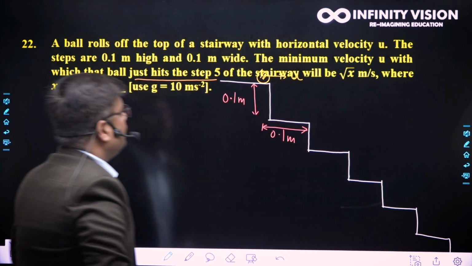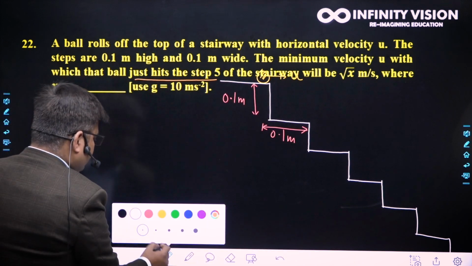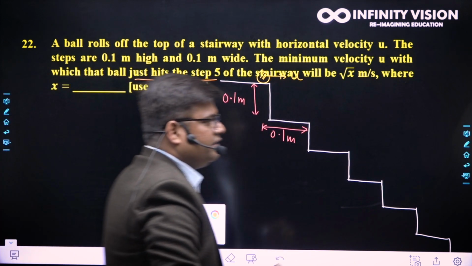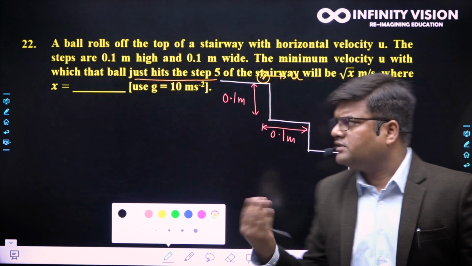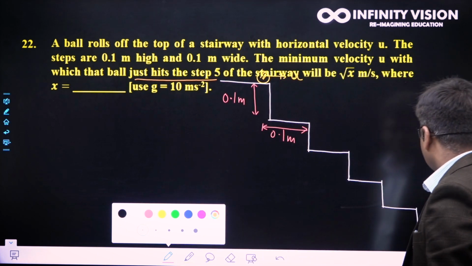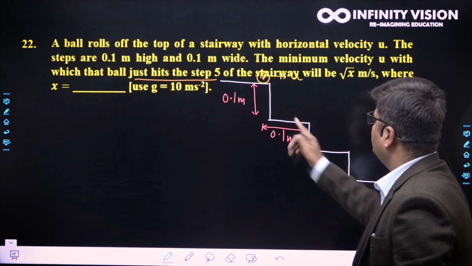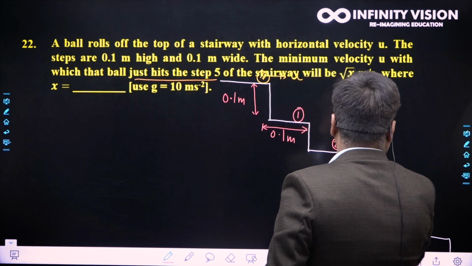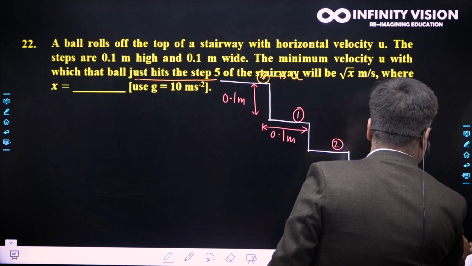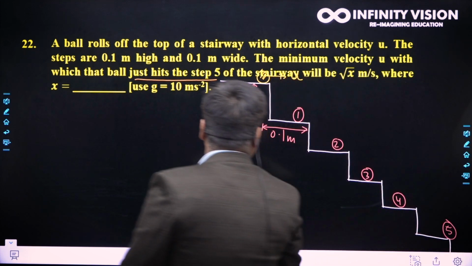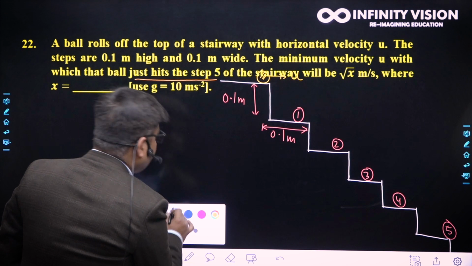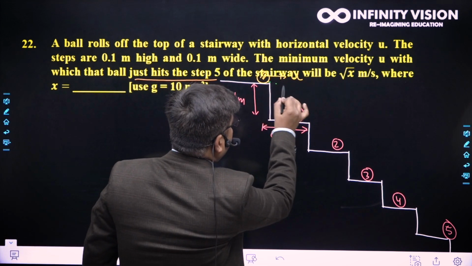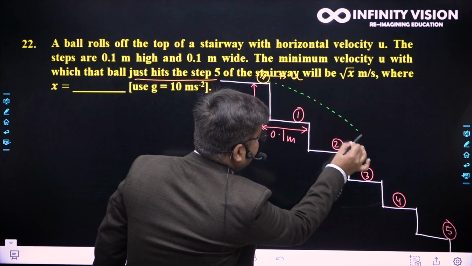Now, in this question, they are telling us to find the minimum velocity with which the ball should be projected or rolled so that it just hits the fifth step. This is step 1, step 2, step 3, step 4, and this is the final step 5. I am drawing this trajectory.